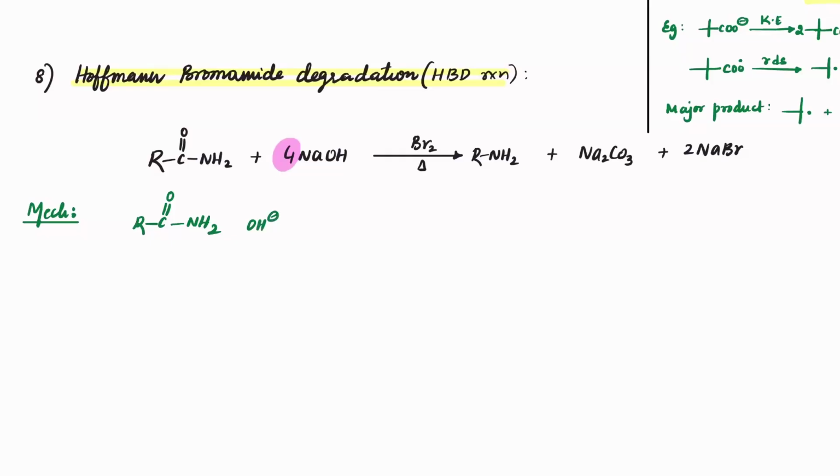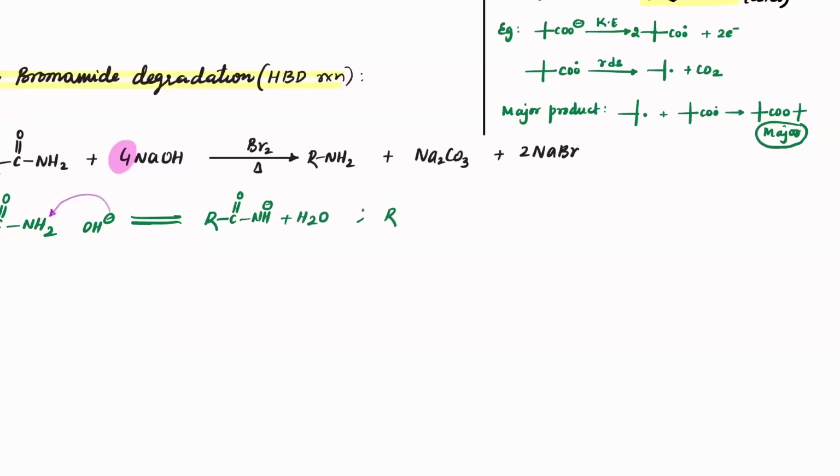Since they are neutral, OH minus can actually extract H plus, keeping it in equilibrium to get RC double bond O NH minus and H2O. And as you treat this RC double bond O NH minus with Br2, this minus will attack the bromine. This bromine will be released.